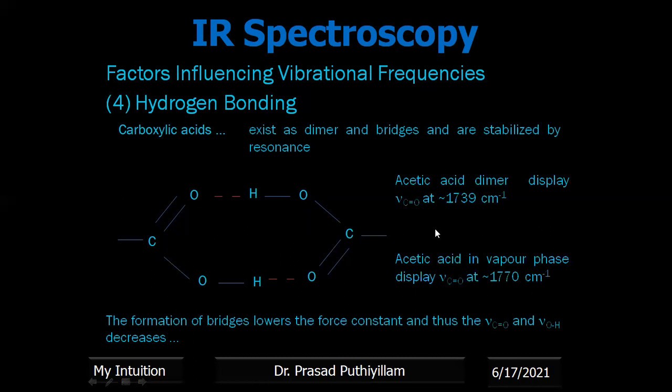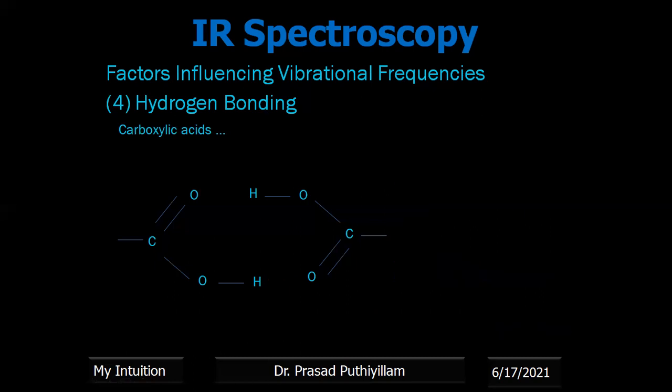Again, this explanation can be taken for the factor of influencing the frequency shift by change in phase. So acetic acid in vapor phase displays around 1770 centimeter inverse, whereas in dimer it displays around 1739. Given approximate values, small variation will be there from instrument to instrument.